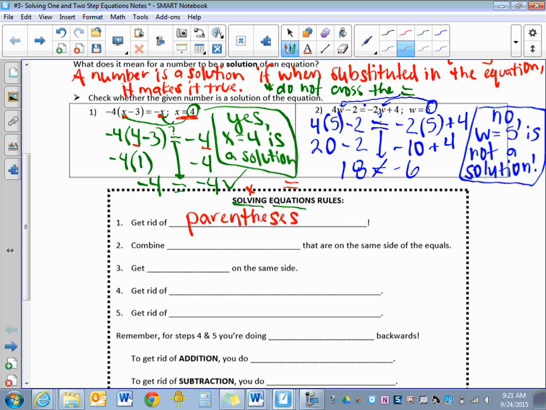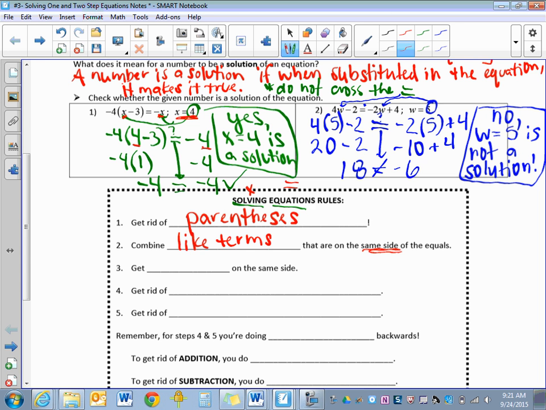Alright. Next, we're going to combine like terms that are on the same side of the equals. And this is a really important concept. We have to combine all the like terms on the left side, and then combine all the like terms on the right side. Again, don't cross that equals.